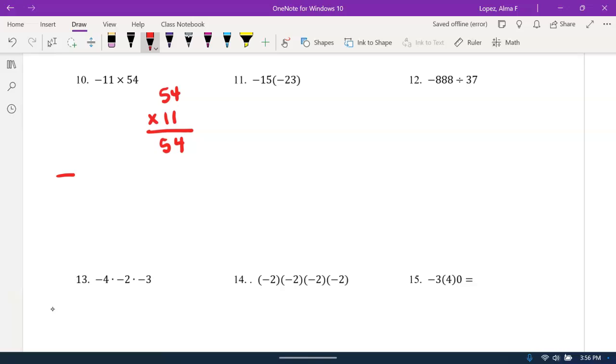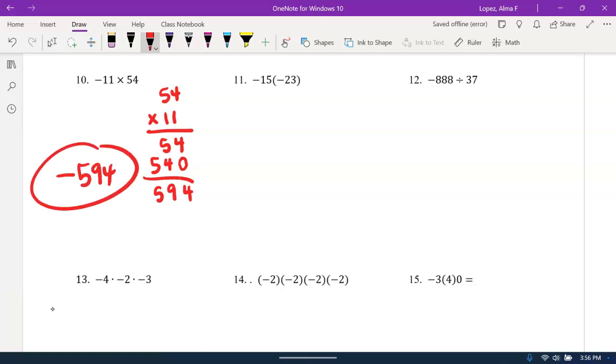Because it is the tens digit, I need a placeholder for the ones digit. Now, 1 times 4 is 4. 1 times 5 is 5. And add the ones digits, add the tens digits, add the hundreds digits. My answer is negative 594.